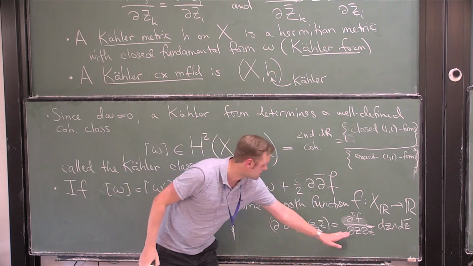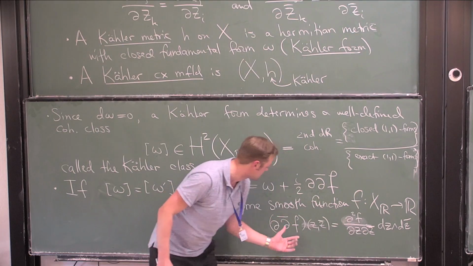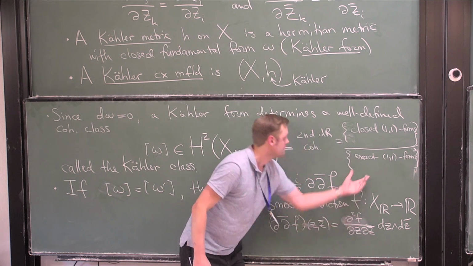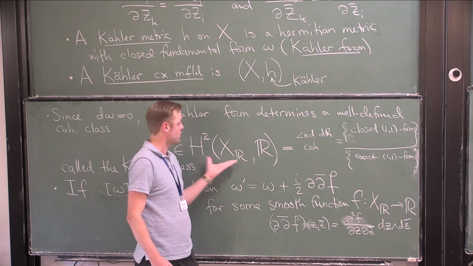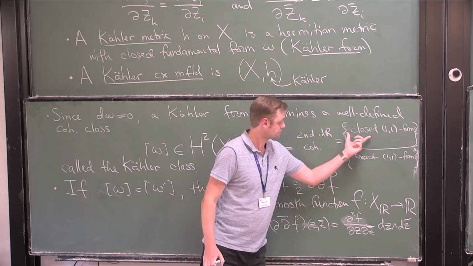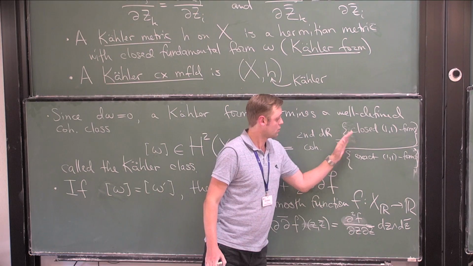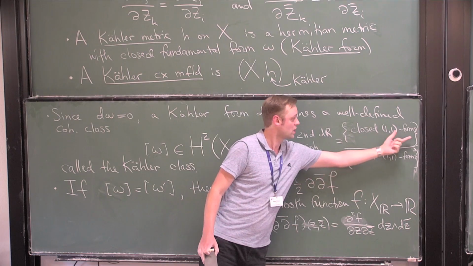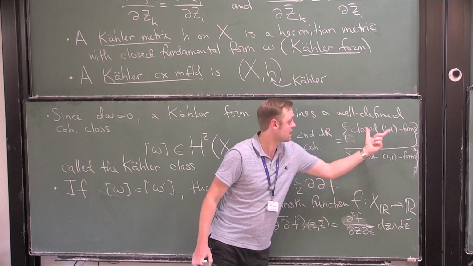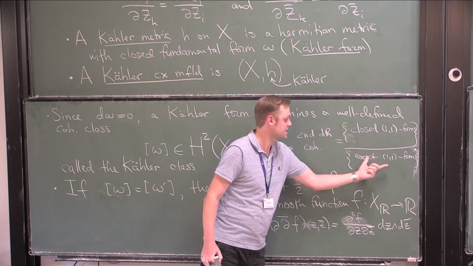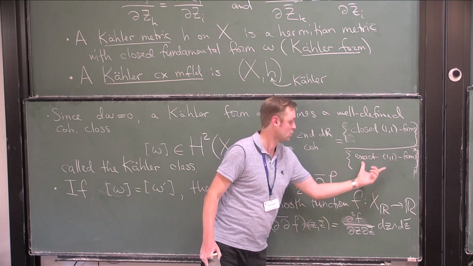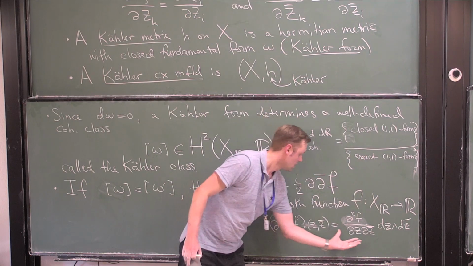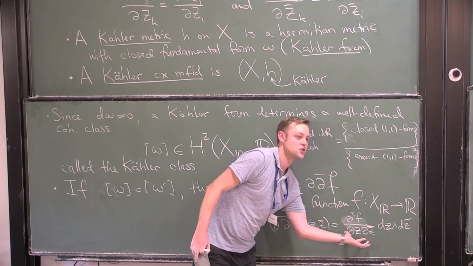So this is an exact form, exact because it's given as a second derivative with respect to z and z bar. What we're talking about here is a big vector space given as equivalence classes of closed 1-1 forms, up to the freedom of adding an exact 1-1 form. In other words, up to the freedom of adding a differential form which is literally the second derivative of a function.